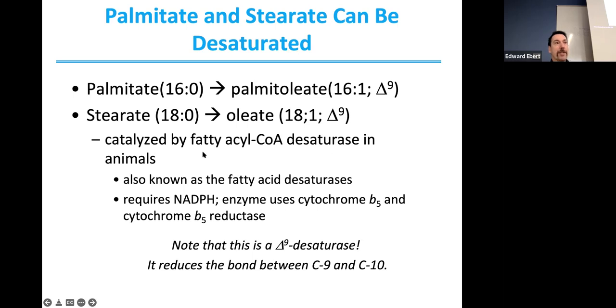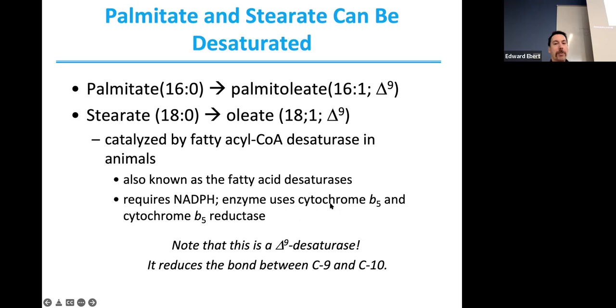There are desaturases that exist in animals. Fatty acyl-CoA desaturase is the longer name, but we'll often just call them fatty acid desaturases. These require NADPH, so we're getting our reducing power from NADPH instead of NADH this time.